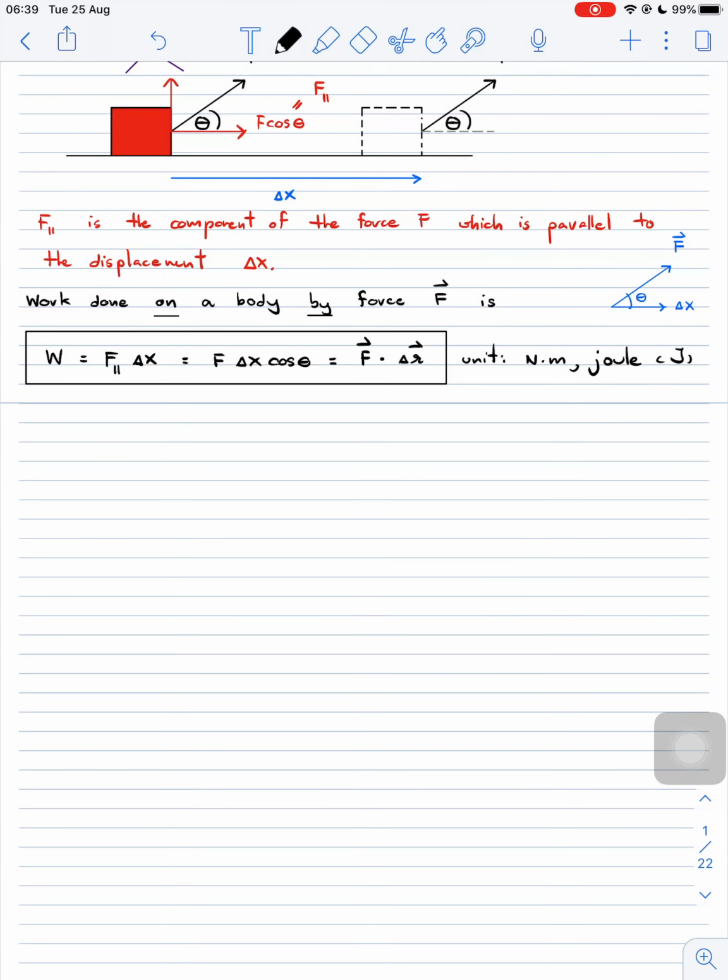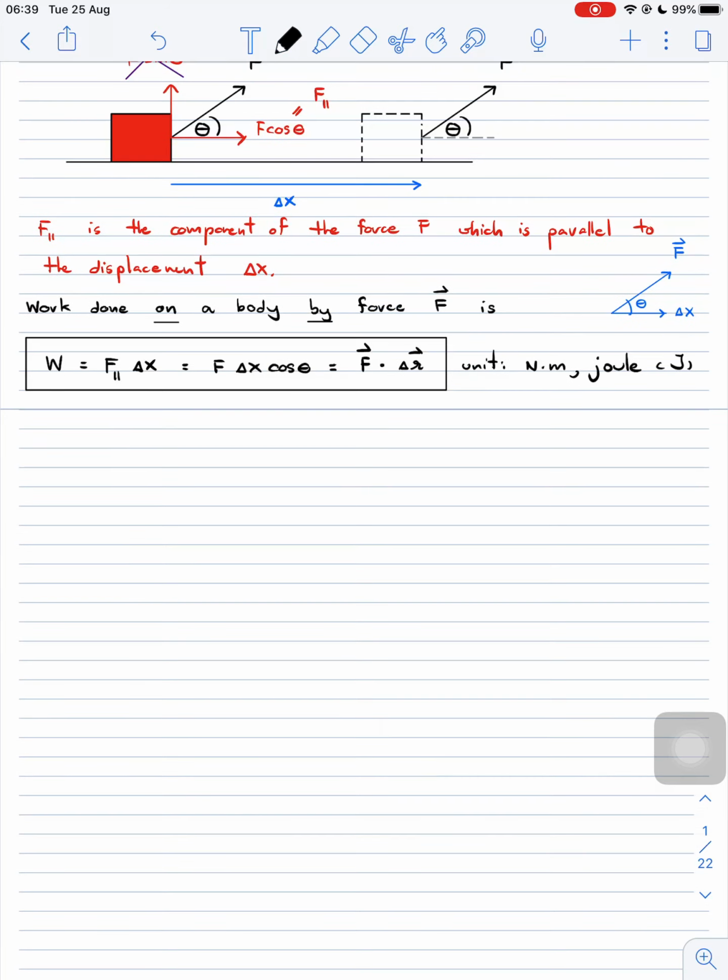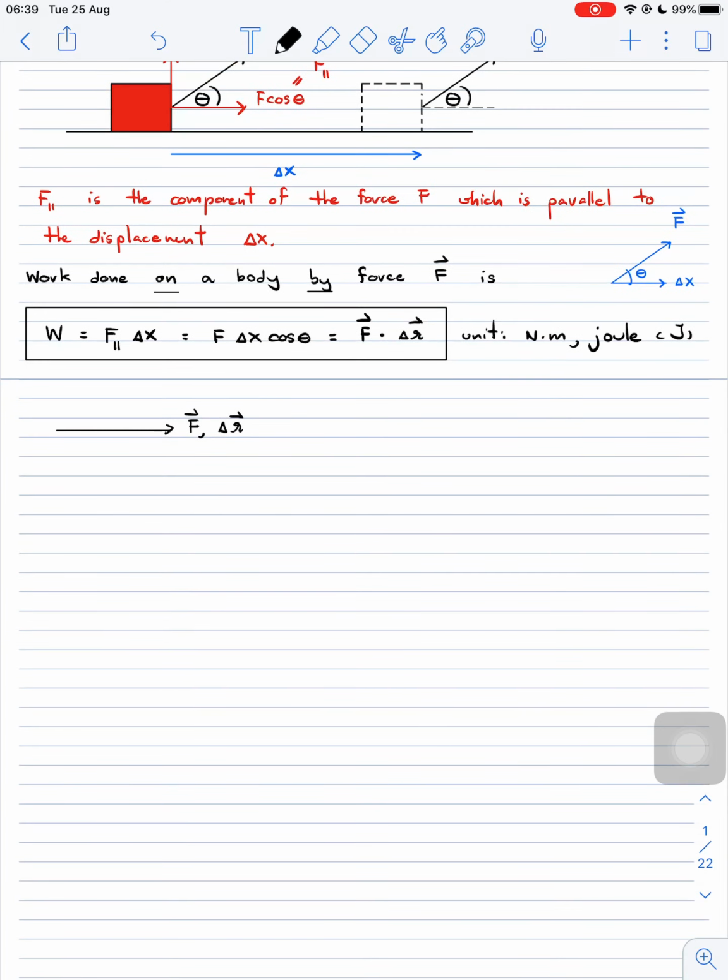One thing that you can see from this equation is that, let's consider each case. When the F and the displacement, let's say delta r, have the same direction, it means that the theta, the angle between the force F and the displacement, must be equal to 0 degrees.